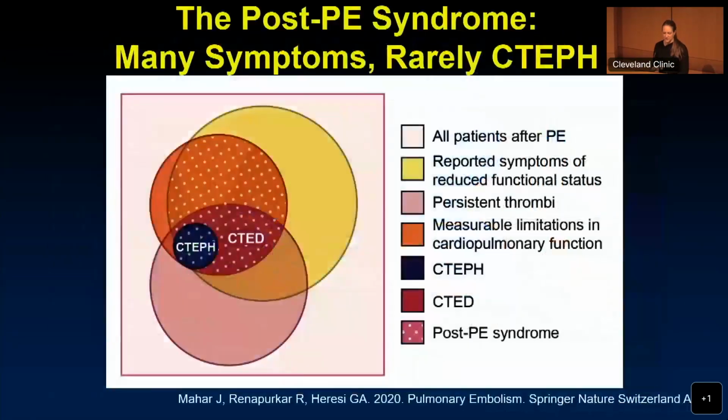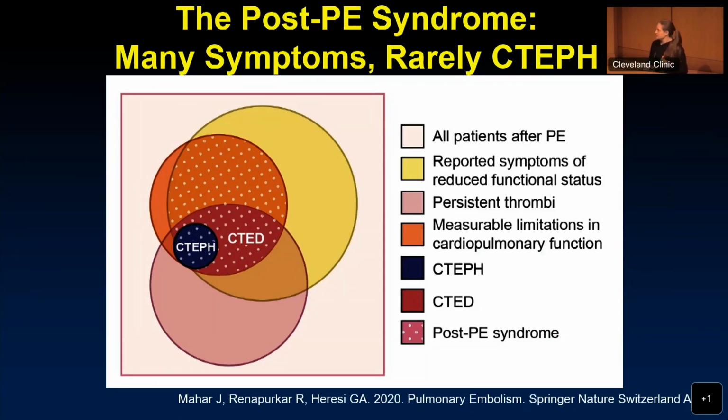And to further complicate matters, there's this phenomenon called the post-PE syndrome, which is really a whole talk in and of itself. But essentially, when a patient has a pulmonary embolus, there's a very diverse number of things that can occur afterwards in terms of how much symptoms are residual, how much cardiovascular limitation is residual after a pulmonary embolism, whether a patient still has residual perfusion defects on their imaging, but they may feel fine, so the radiology doesn't normalize, but the patient is doing very well.